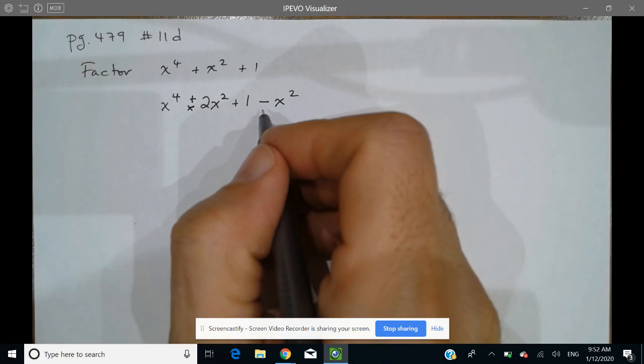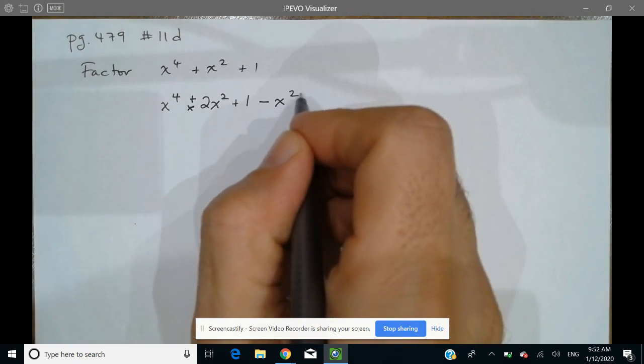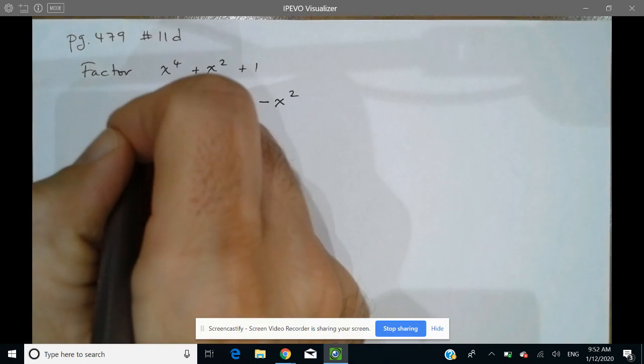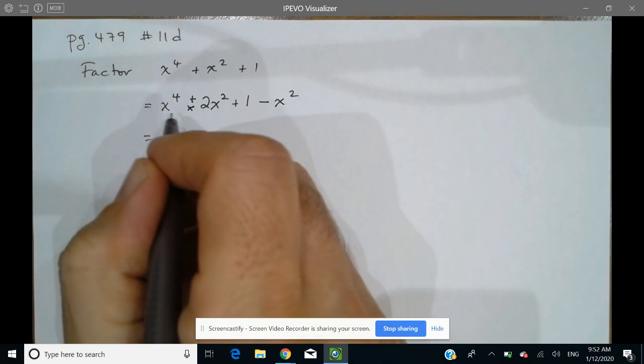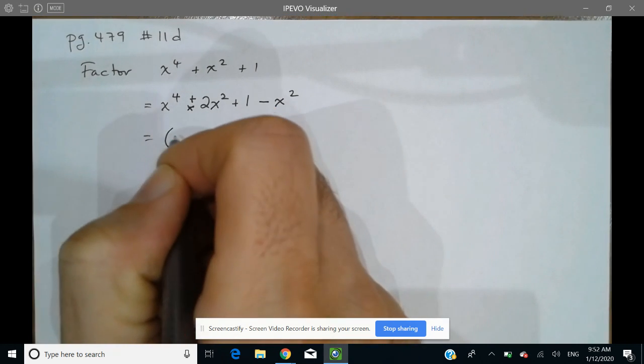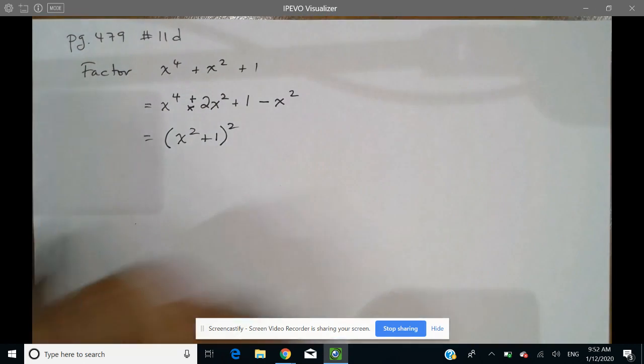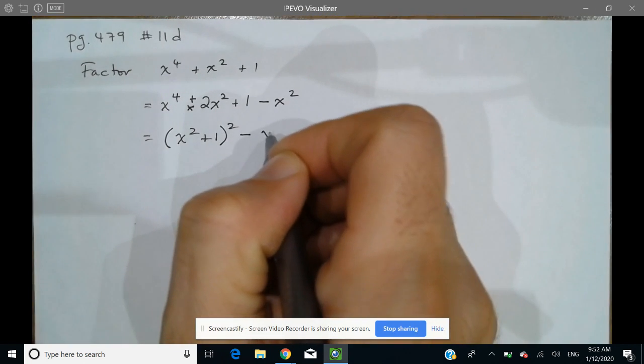Now, why is this more useful? Because it's a subtracting of a squared term. And what did we say that x to the fourth plus 2x squared plus 1 factors to? It factors to x squared plus 1, squared. And then I've got my minus x squared.